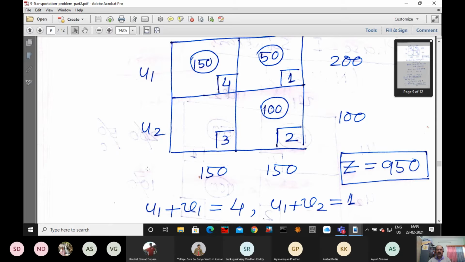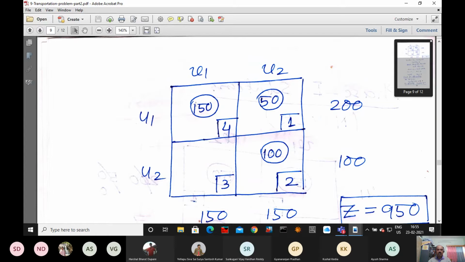duality theory, I have mentioned U2 plus V1 less than or equal to 3. What is the U2 you got?